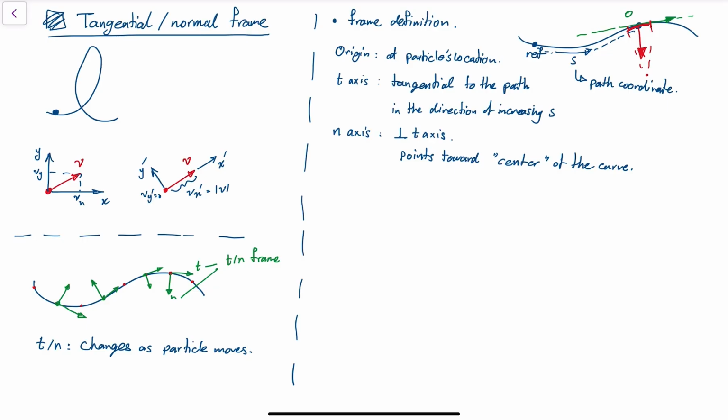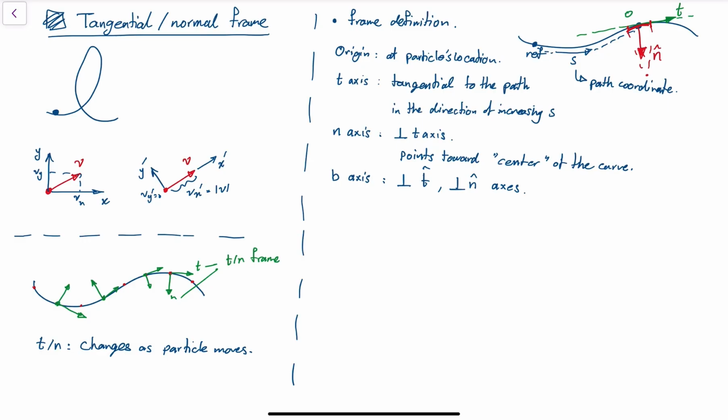So with this, we have fully defined our t and n unit vectors or axes. And there is a third one we can define, because we are often dealing with three-dimensional space. We can define a b-axis. It's a binormal axis, so it is perpendicular to both the t and n axes.